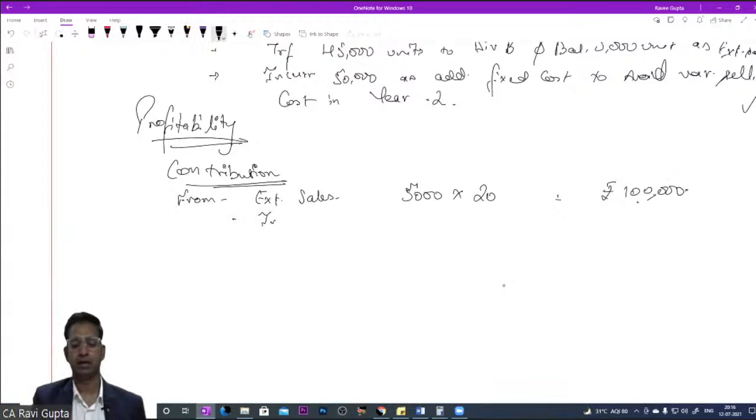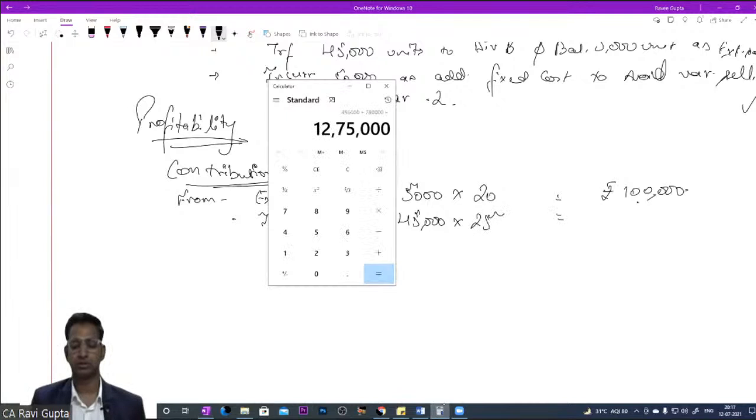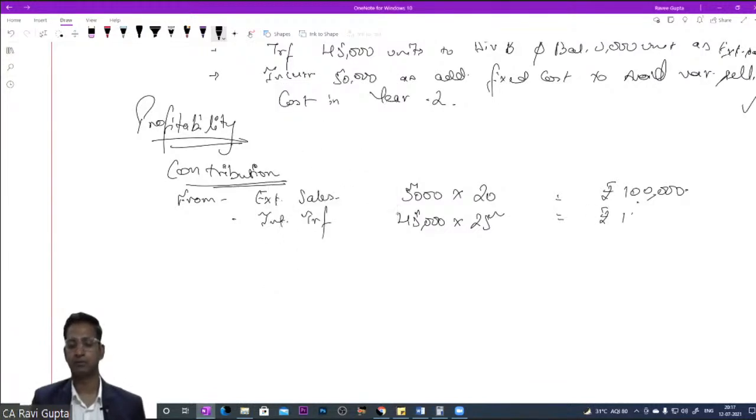From internal transfer, 45,000 units into 25 rupees. So this is going to be 45,000 into 25, which is 11,25,000.